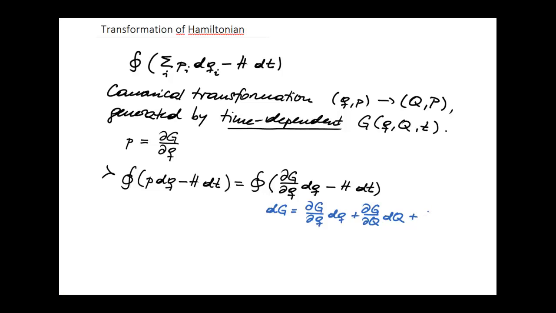So we have a partial derivative with respect to t dt. We can solve that equation for the first of these three terms, the partial of g with respect to little q dq, because that's what appears in the integrand of the loop integral.